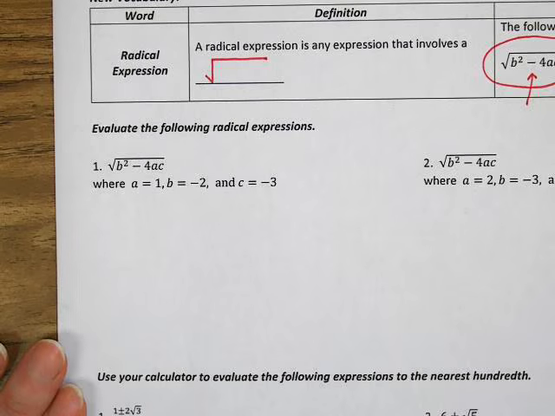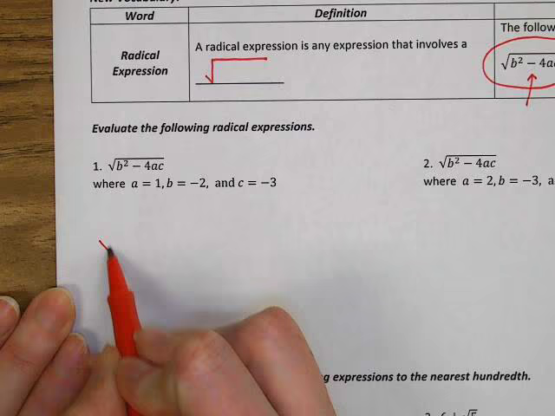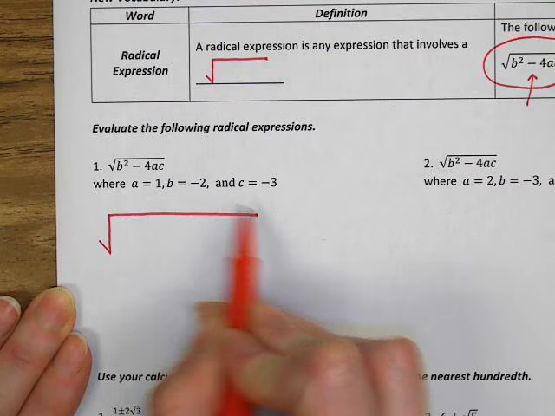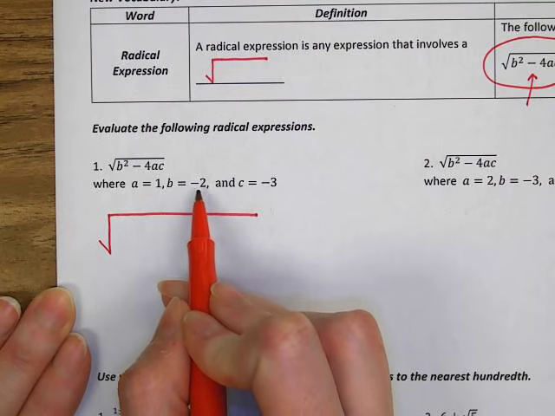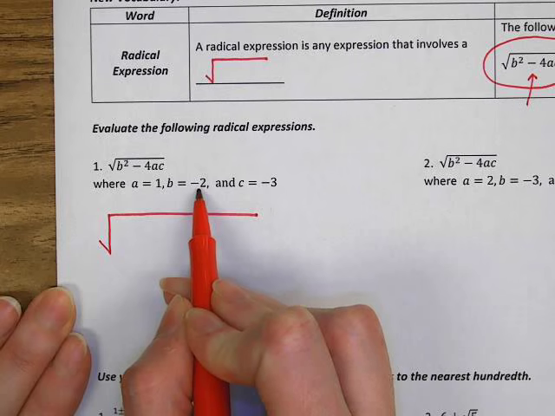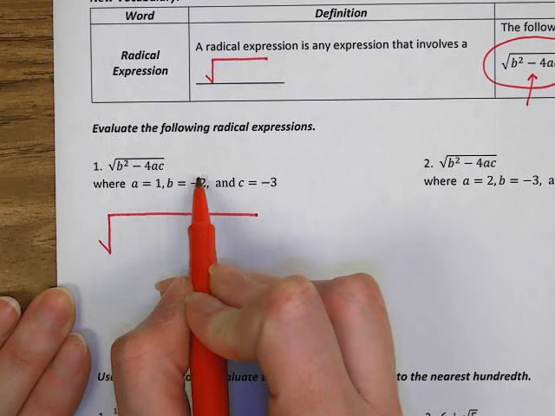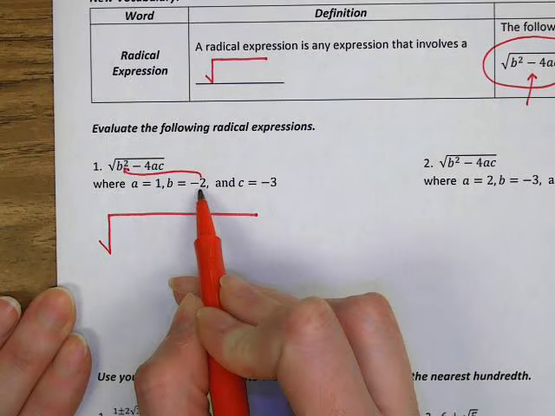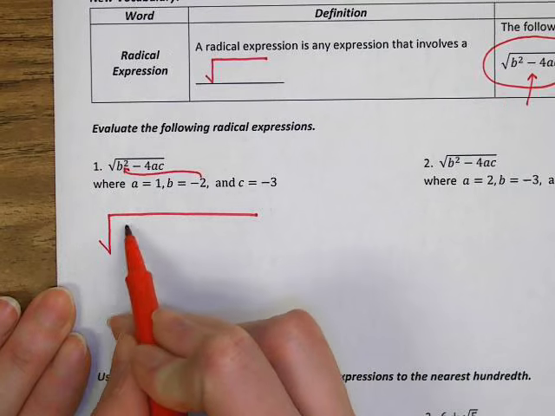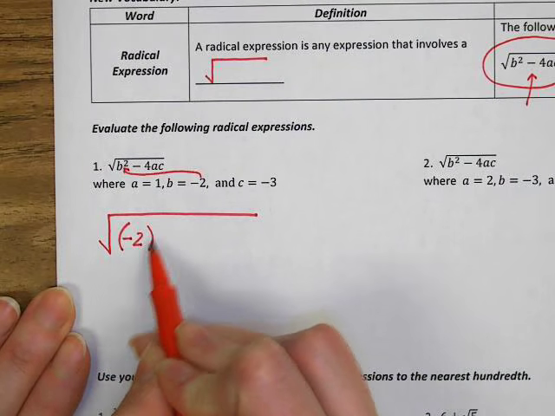So let's go ahead. We're just going to type this right in the calculator. So square root. Okay, b squared. Well, b is -2. So we need to square -2. Now remember, when it's negative and you're squaring it, you have to put it in parentheses.